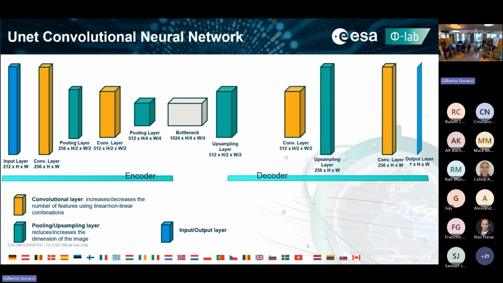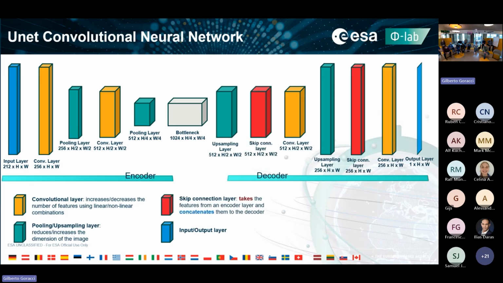Then we have a decoder part in which the network tries to reconstruct the final image, extending the dimension back to the original and shrinking the number of channels to one because it's only the TWS at the finer resolution.